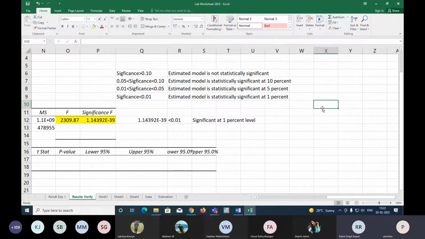Now let me get back to what someone asked. What does it exactly mean? I think you know the concept of significance level, or say confidence interval. Suppose I am constructing a 5% confidence interval.